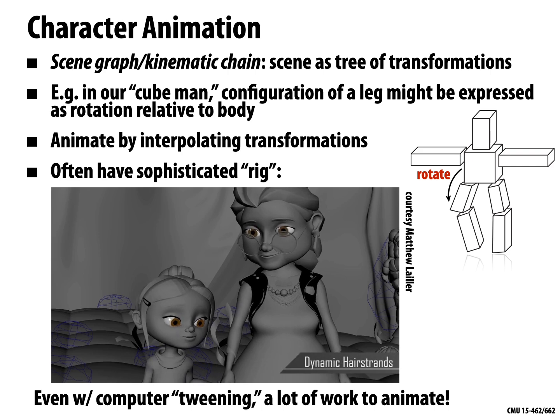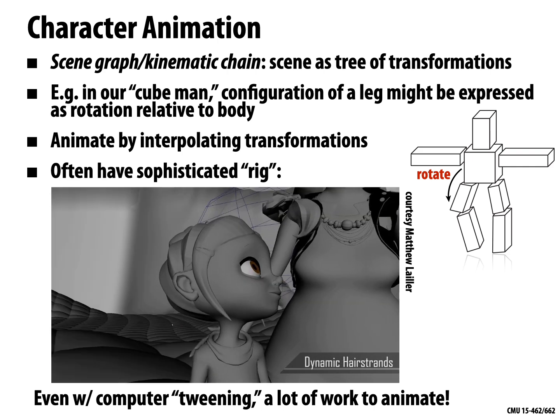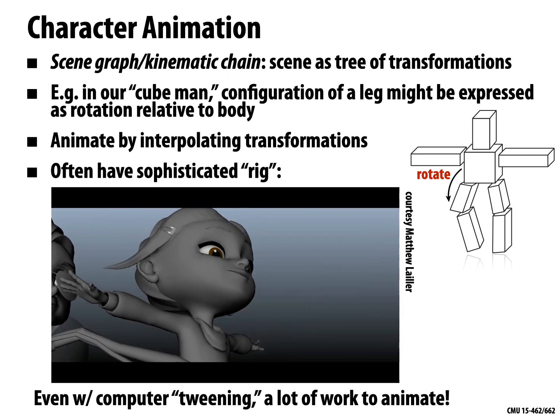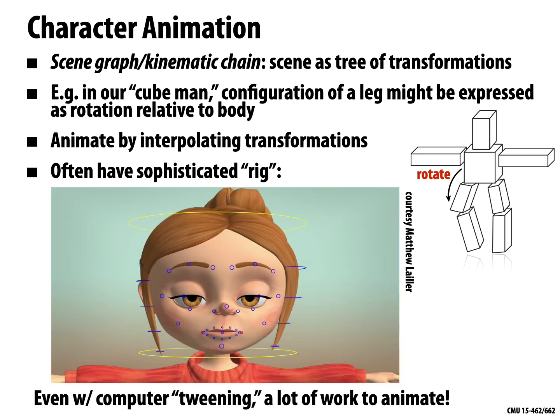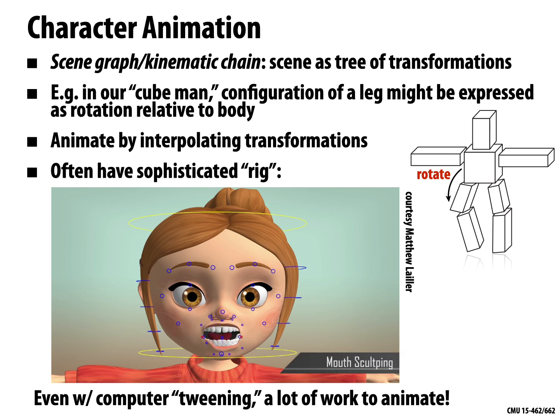If that tree has rotations or translations in it, I can now have, rather than constant angles or constant offsets, a spline that I interpolate over time to get motion. And in this rig, you can see we have a really complicated tree of transformations, lots of different degrees of freedom, and by interpolating those degrees of freedom, we get all sorts of interesting animation.